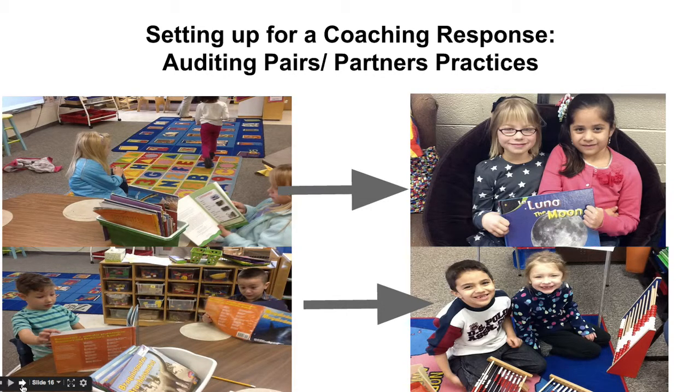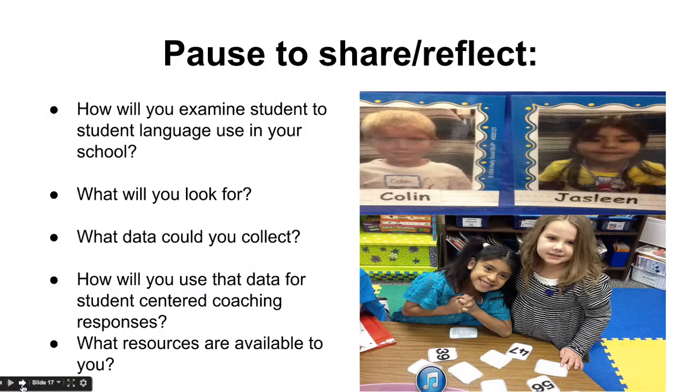You may want to stop the presentation at this point and think to yourself, how would you coach a teacher, a partner, a friend to move towards bilingual pairs? How would you look at your own practice? Do you have bilingual pairs? What's the next step you could take? Thanks for coming back.